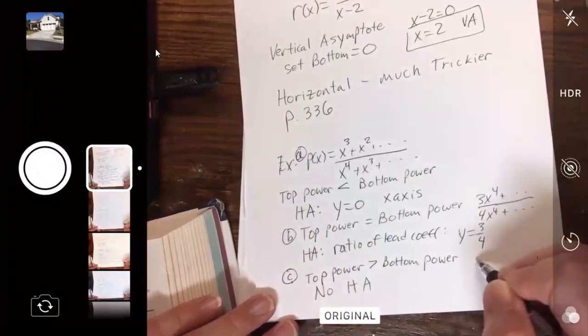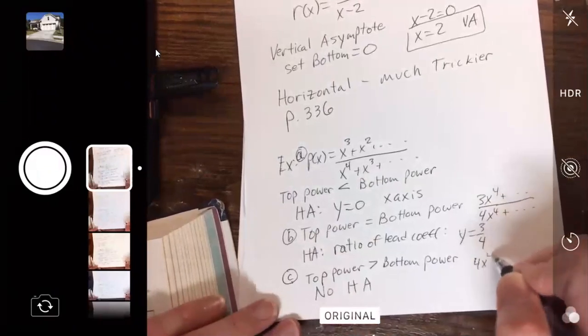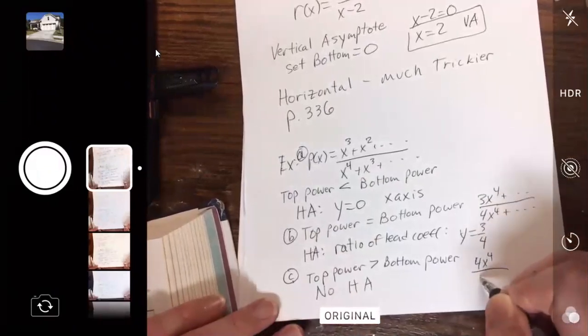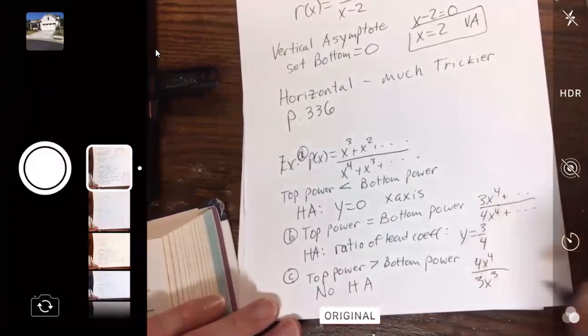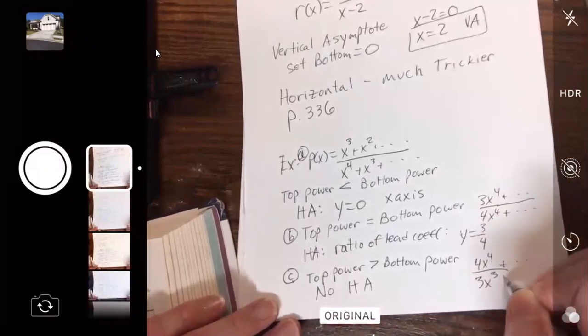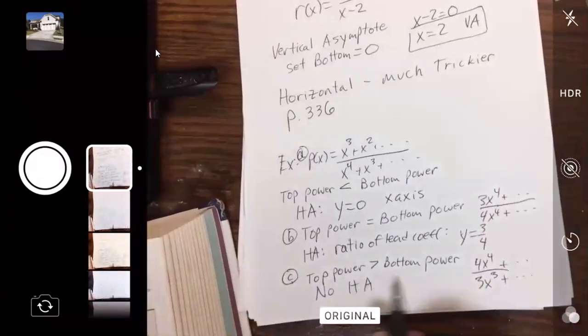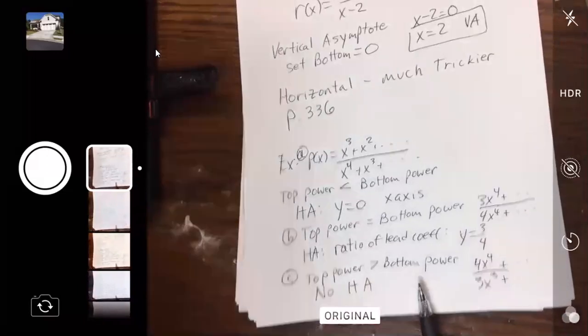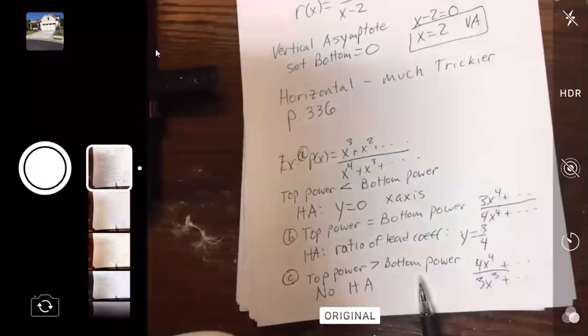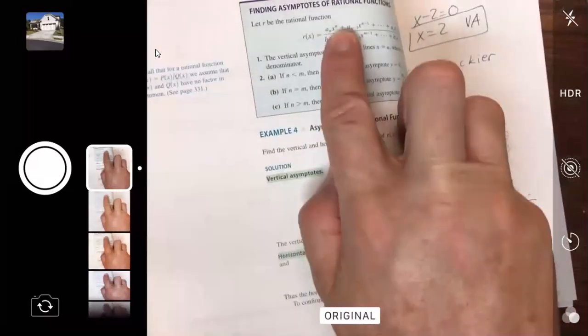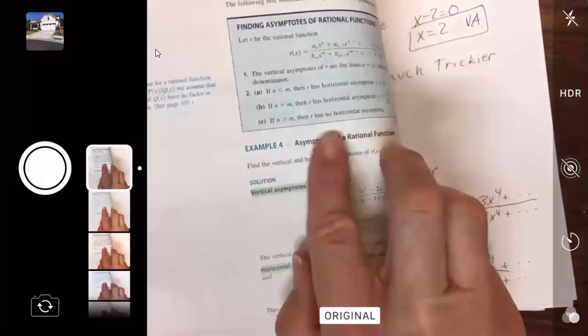That would be like having, reversing this, 4x to the 4th over, let's say, a 3x to the 3rd. You have other pieces, and there'll be no horizontal asymptote at all. And that's what they're saying: top power N on top greater than bottom, no horizontal asymptote at all.